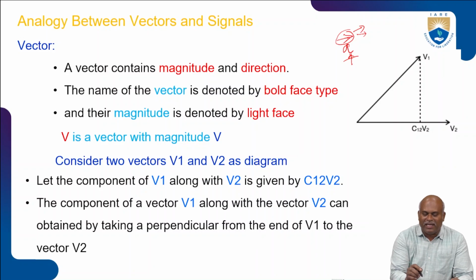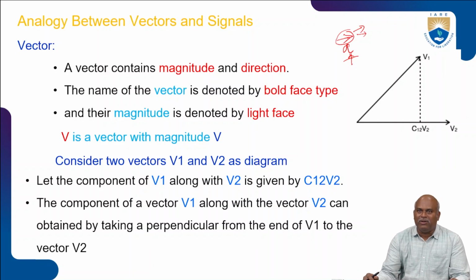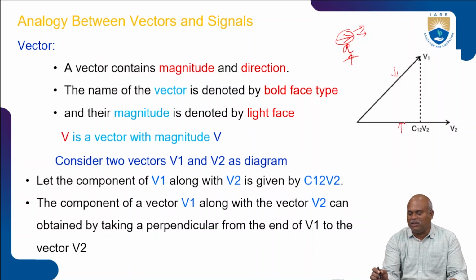That's why the vector consists of magnitude as well as direction. The name of the vector is denoted by bold face. So the bold value represents the vectors, this is the V1 vector, and this one is the V2 vector.